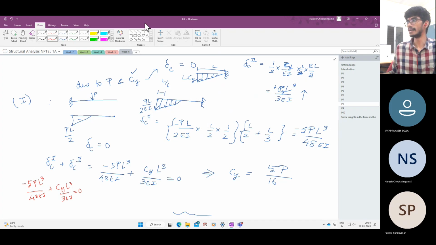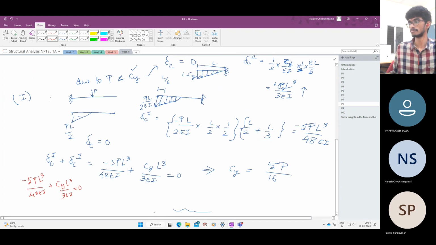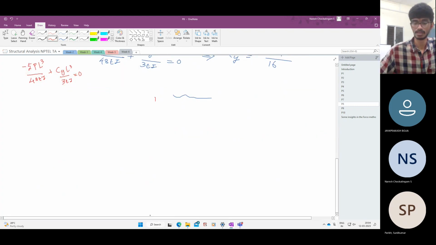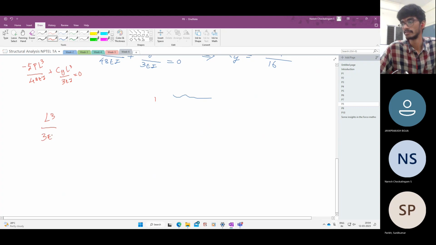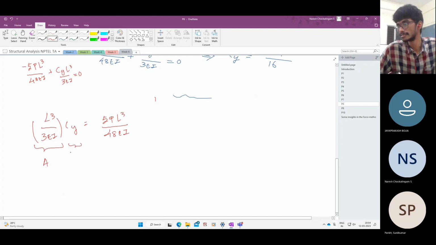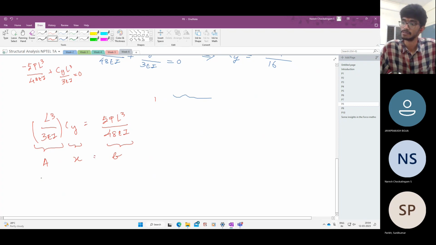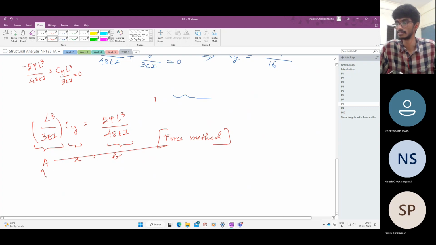We can also rewrite it as L cube by 3 EI into Cy is equal to 5PL cube by 48 EI. Again, this is the flexibility matrix, this is the unknown, and this is the known displacement quantity. So again, this is of the form Ax equal to B. So this is the force method. So this is flexibility.